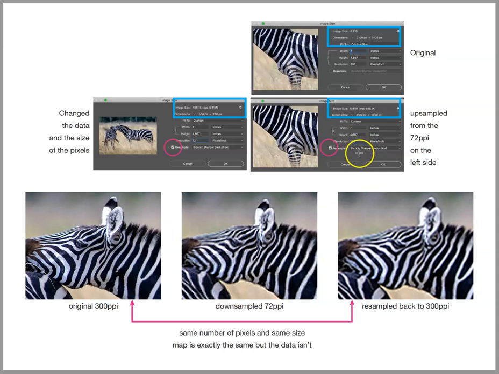Now notice this information and this information is identical. Both of these have the same number of pixels, the same size container, and the same size pixel. The difference is this is our original image with good data, and this is information that we told Photoshop: step 1 is our original. Step 2, throw away data and give me nice big pixels.